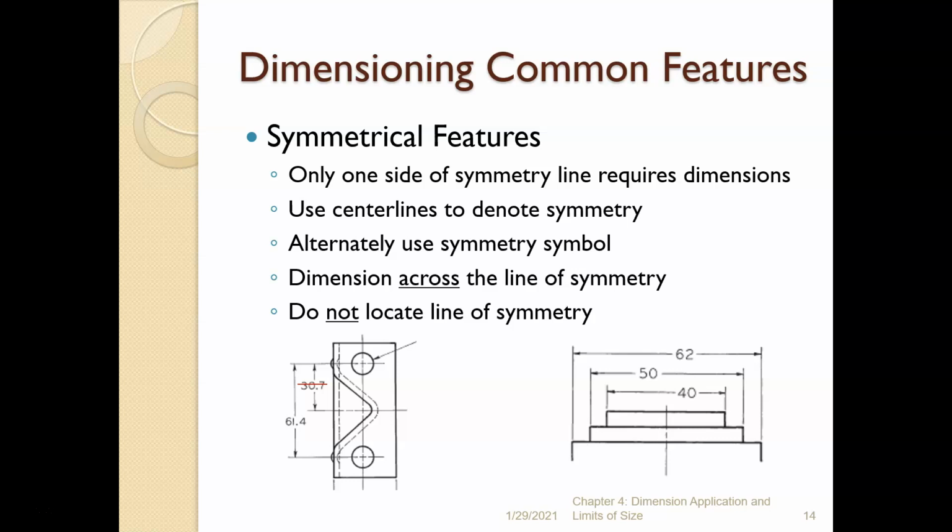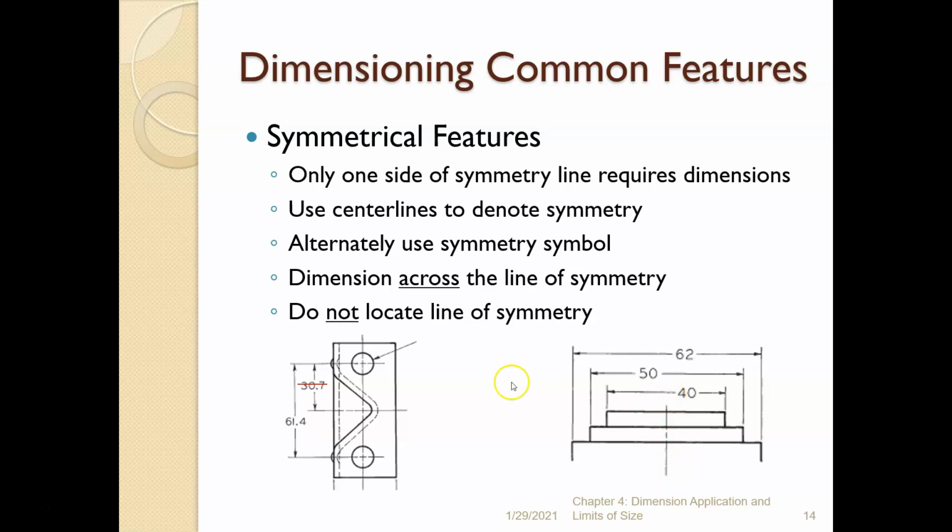Symmetrical features. Symmetrical features can be indicated by having a line of symmetry or a center line that breaks halfway between two surfaces. In this case, you can see it the left and right, and we have a center line in between that. There's a symmetry symbol, which I don't think is shown on any of this, but it's two horizontal lines going through the center line.